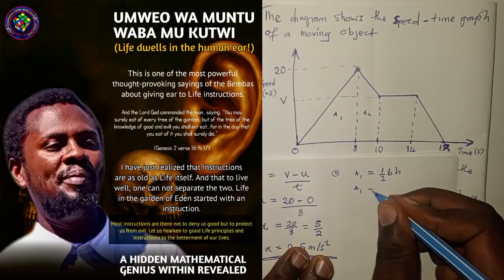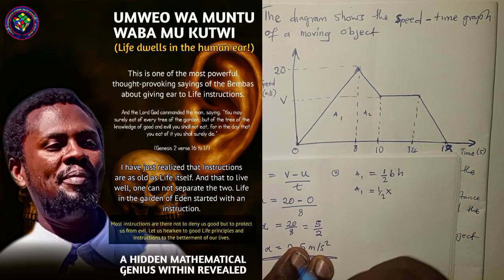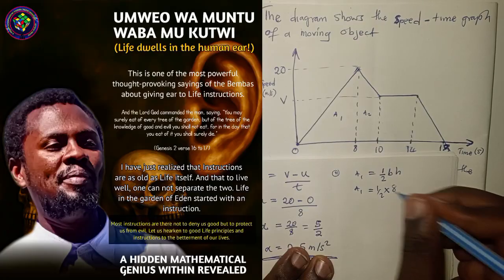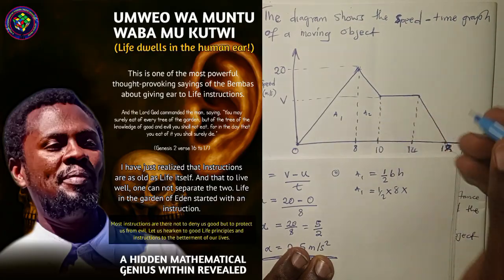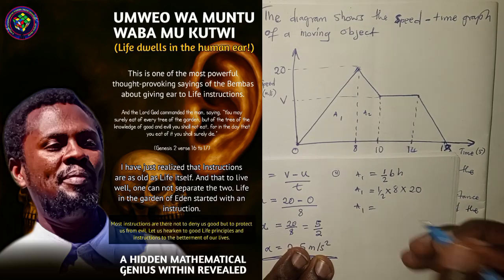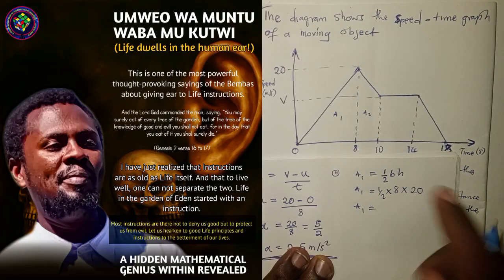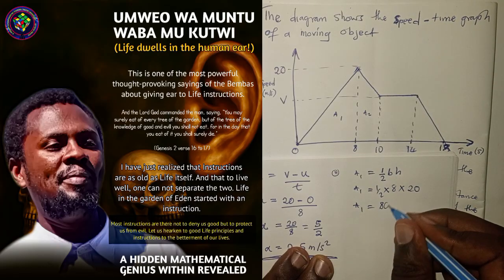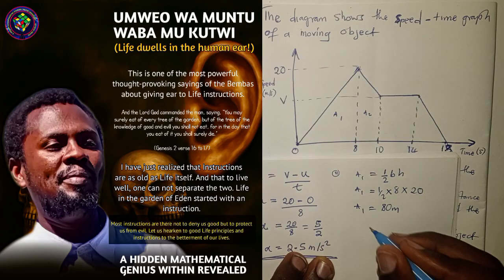So area 1 is equal to half multiplied by base here, which is 8, multiplied by height, which is 20. So 2 in 20 is 10, and 10 multiplied by 8, you get 80 meters. That is for area 1. We go to area 2.